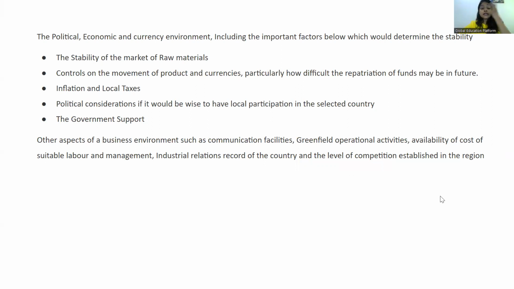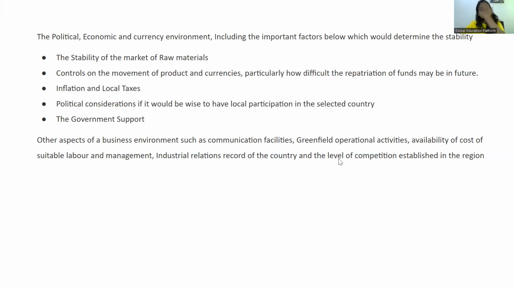If you are operating in the manufacturing sector, raw materials play a very important role. Without raw materials, you can't do anything. Even if you are operating in your domestic market and you can't source your raw materials properly, it will be very difficult for you to manage. So that is one of the reasons why businesses move into international markets: to stay closer to the raw materials.